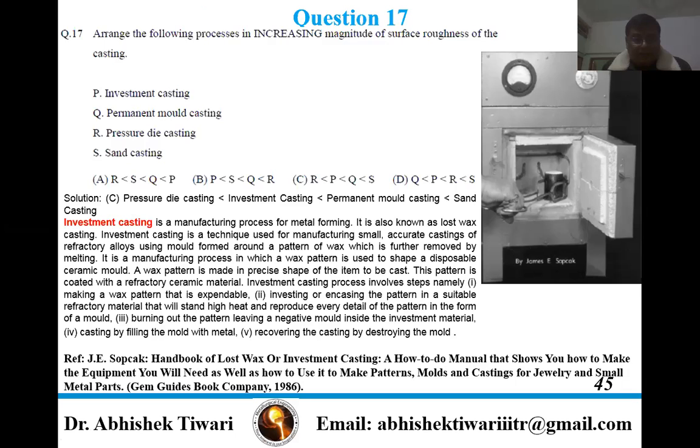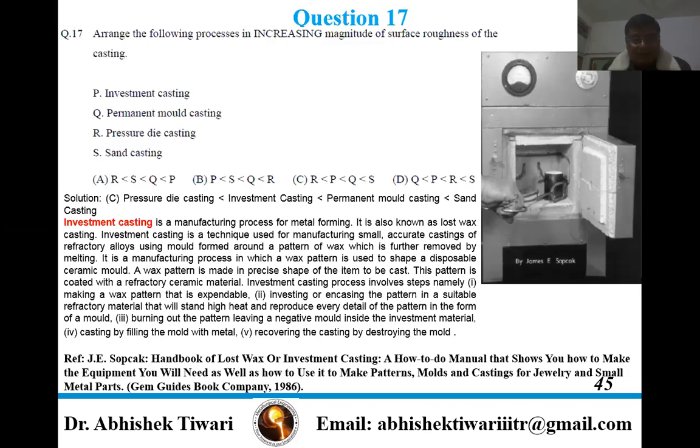It is a manufacturing process in which a wax pattern is used to shape a disposable ceramic mold. A wax pattern is made in precise shape of item to be cast. The pattern is coated with a refractory ceramic material.